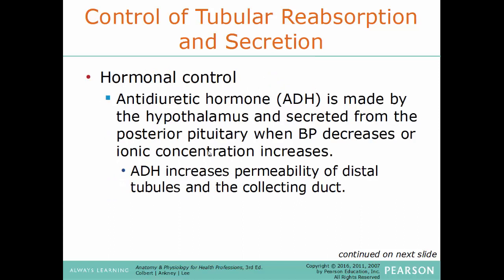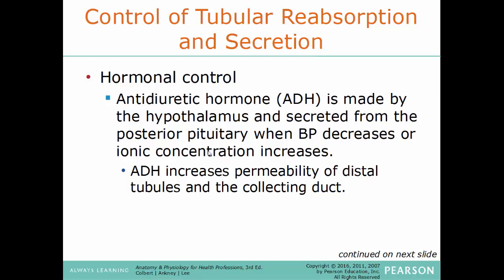ADH, antidiuretic hormone, is a hormone that's made in the hypothalamus of the brain and secreted from the posterior lobe of the pituitary gland when blood pressure decreases or when ionic concentration increases. Now, ADH will increase the permeability of the distal tubules and of the collecting duct. This will help you to conserve water.